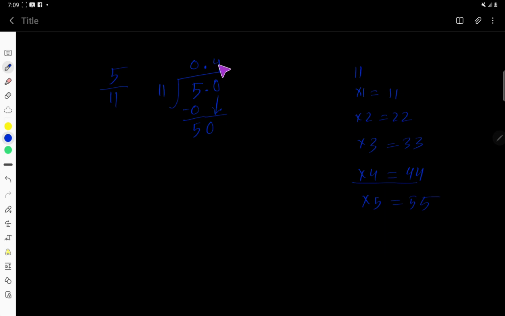So write 4, 4 times 11 is 44. 50 minus 44 gives us 6, right? Now you know that you can take any number of 0s here. So bring down the second 0. 60, right? 11 goes into 60 how many times?